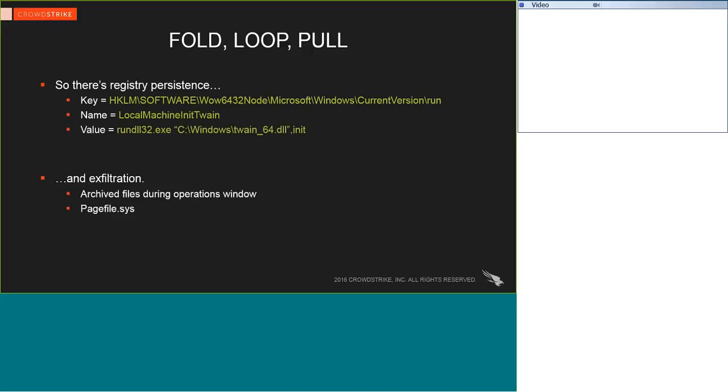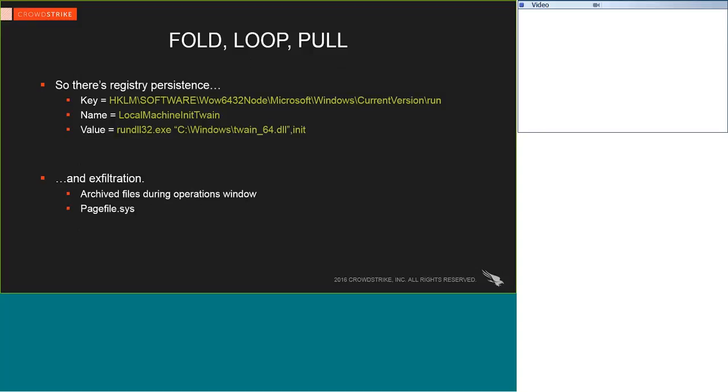So you'll see here an example of XAgent persistence. The important thing to note is that the value shows that XAgent is executed via rundll32. This should really give you a good indication of suspicious DLLs when you're searching for all execution of rundll32 across your environment.